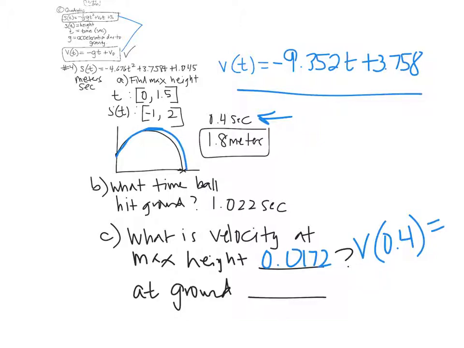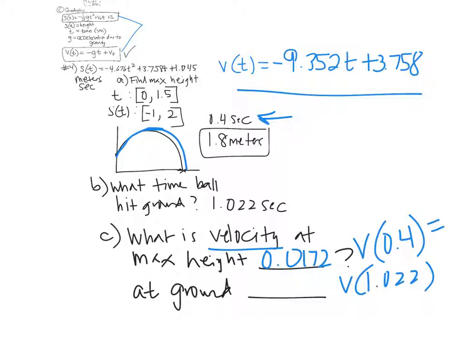Okay? So then what's it at the ground? Well, we would have to do v of 1.022. So plug that into your velocity equation, because this is asking you what is the velocity. When it's asking you what is the height, that's s of t. So v of t is velocity, s of t is height. Now plug in 1.022. So negative 9.352 times 1.022 plus 3.758.